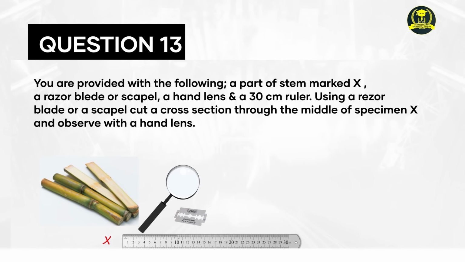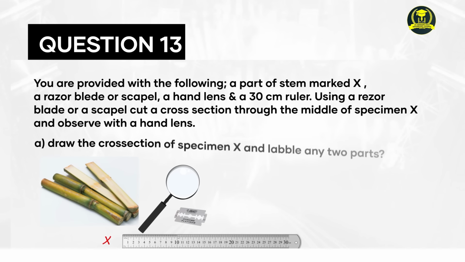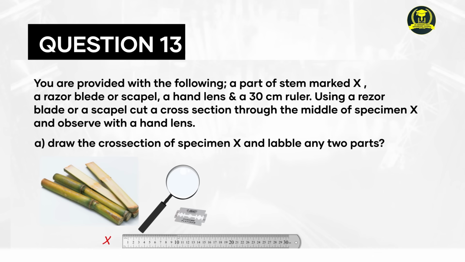Using a razor blade or scalpel, cut a cross-section through the middle of specimen X and observe with a hand lens. Question A. Draw the cross-section of specimen X and label any 2 parts. Specimen X is a cassava stem or a sugarcane stem.